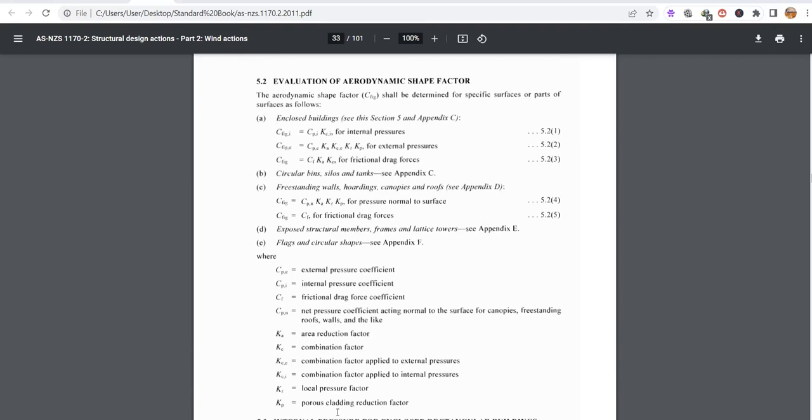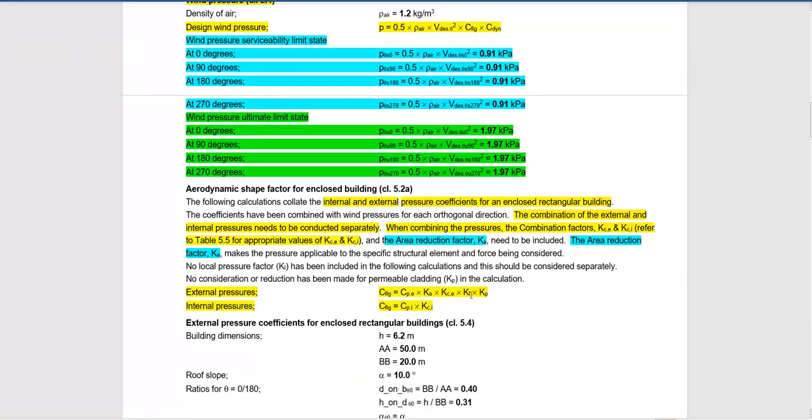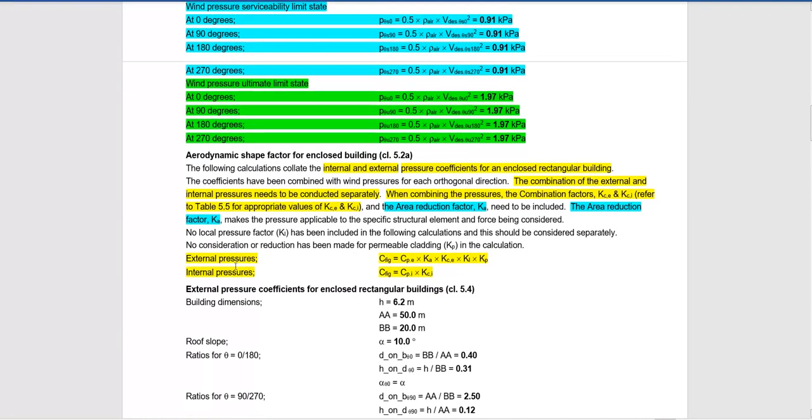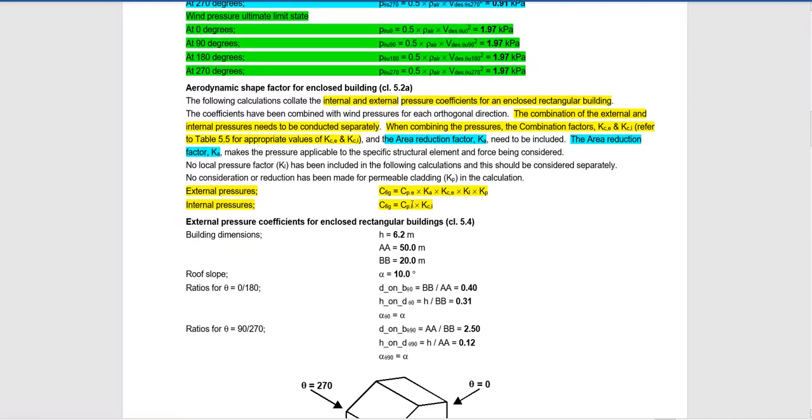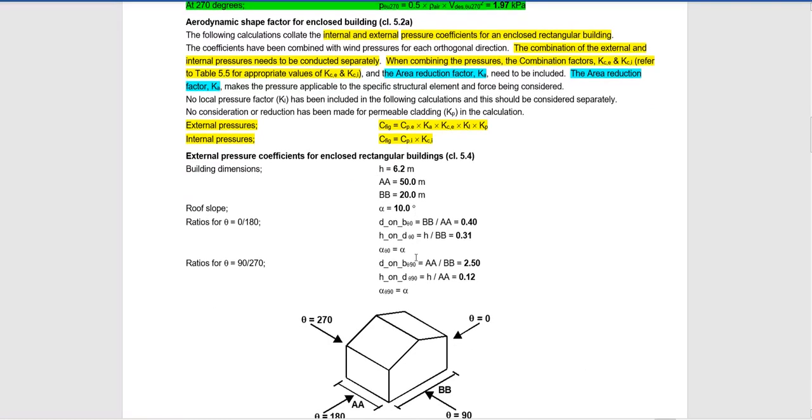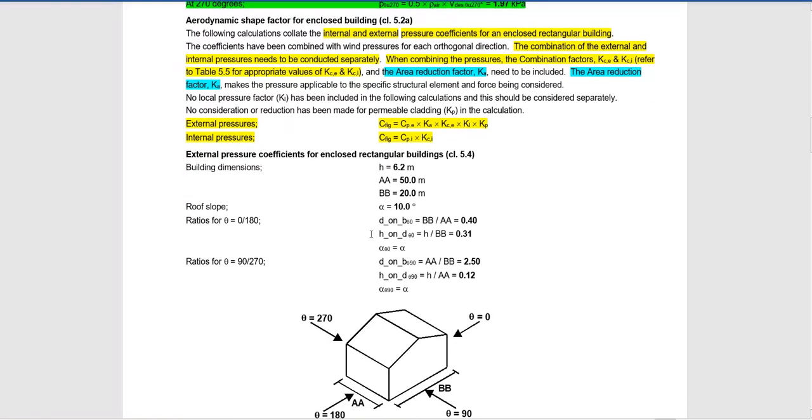Going back here, for my external pressure, Cp is equal to Ka times Kce times Ki times Kp, and the internal pressure is Cpi times Kci. To get the coefficient for external pressure, we need the building dimensions.